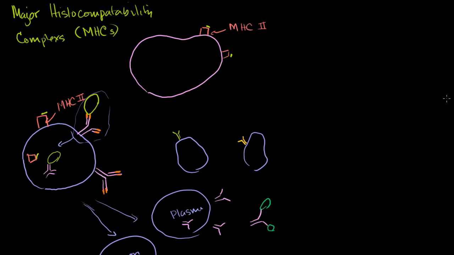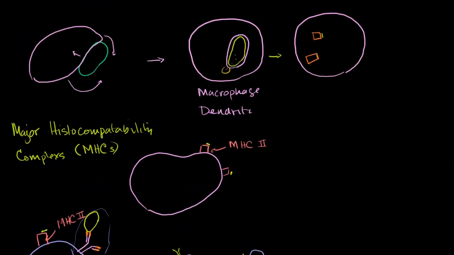So in both cases, whether we're talking about B cells that recognize a very specific pathogen, a specific virus, a specific protein, a specific bacteria, or phagocytes that just say, oh, you look shady, let me take you in, I don't know what type of bacteria or virus or protein you are, in either case they both engulf them, take pieces of them, cut them up, and present them on their surface in a complex with the major histocompatibility complexes.